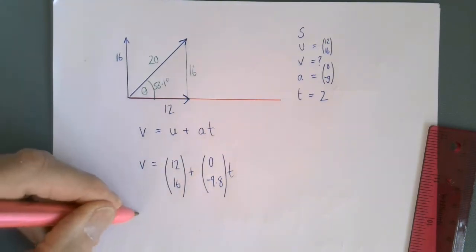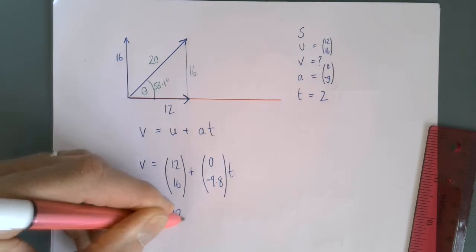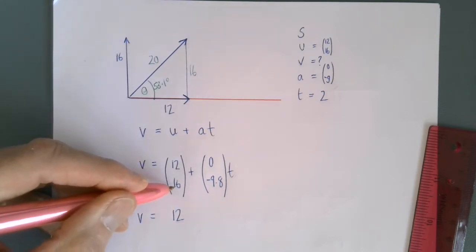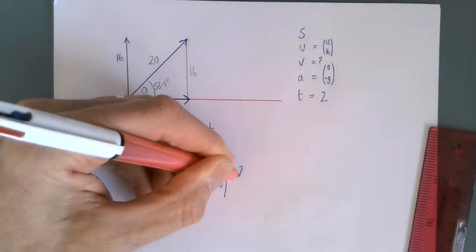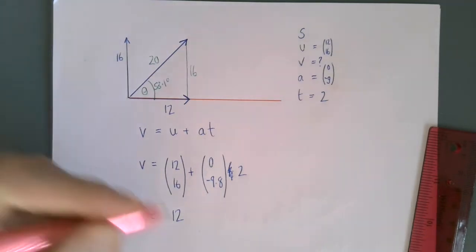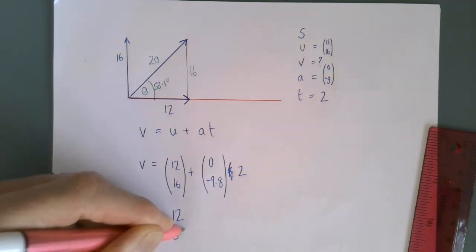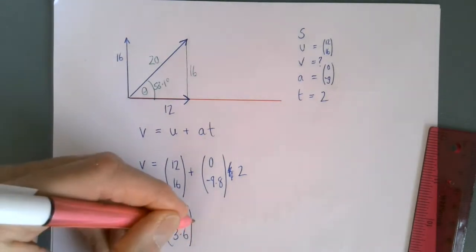and so that means that V is equal to 12 plus 0t, and the vertical component 16 minus 9.8, sorry, t is 2, isn't it? So it's 16 minus 9.8 times 2, and that's in meters per second.